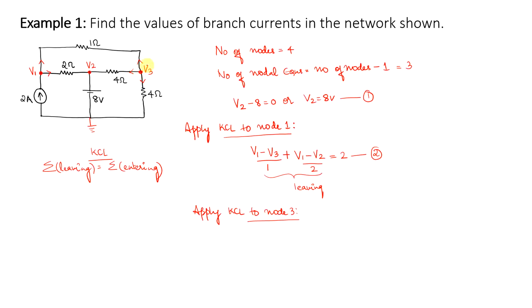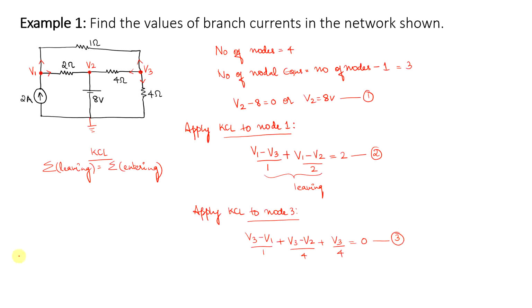So let me consider this first branch, the 1 ohm branch. So you have V3 minus V1 divided by 1 plus V3 minus V2 divided by 4 plus V3 by 4 equal to 0. All of them are leaving, so that is why the right hand side is 0. So this is your third equation.